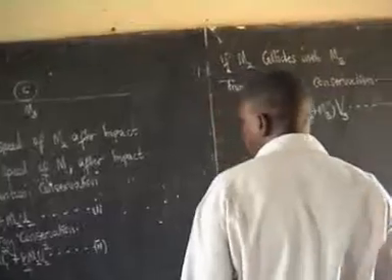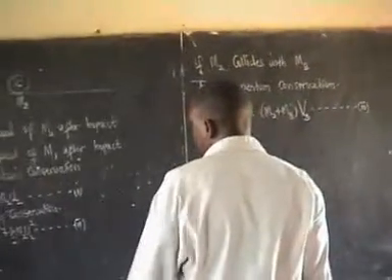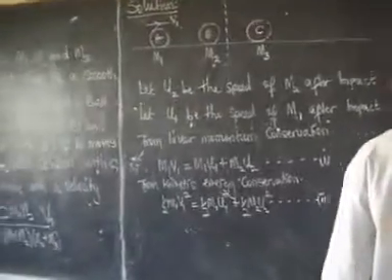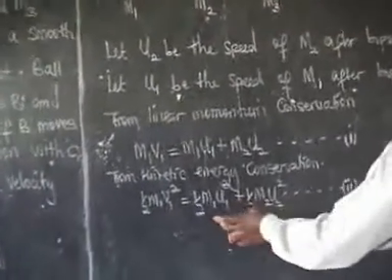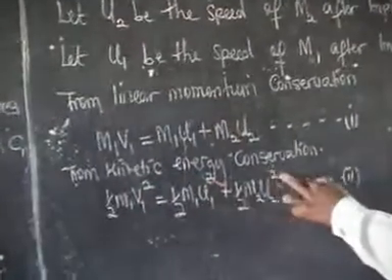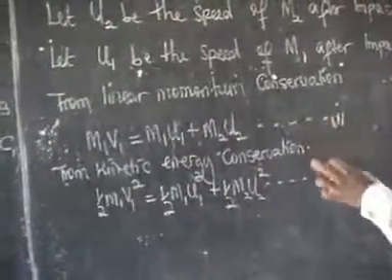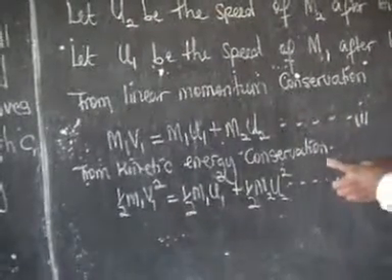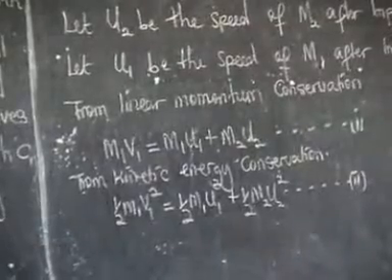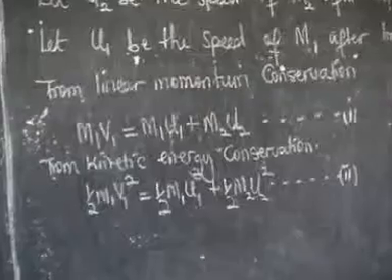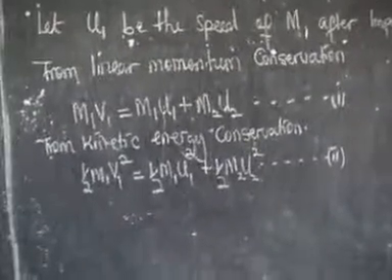So I'm going to eliminate U1 from Roman 1 and 2. However, since the second equation has squared terms, I'm going to first combine the two to obtain a third equation which is a bit friendlier. That's where we are heading to. You are expected to have a plan.